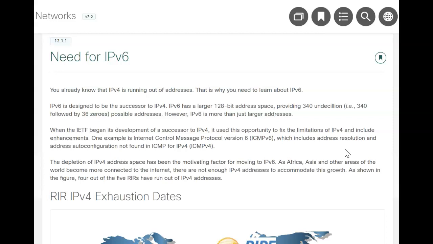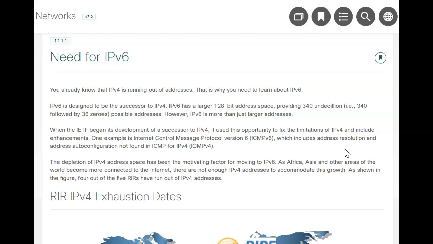Now, it is a larger address. It's 128-bit versus 32. So it gives you 2 to the 128, which is 340 undecillion addresses, which is 340 followed by 36 zeros. So it is a lot of addresses.